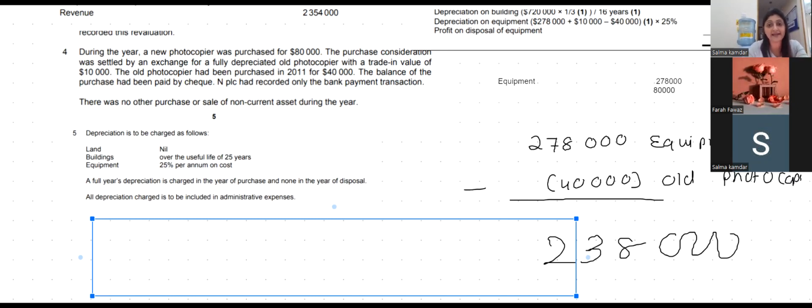Now see, ideally it should be 278 plus 80 minus 40. Ideally this should happen, that you've taken the new photocopier of 80,000, so 278 plus 80 minus 40,000. But they are telling us that they record only the bank payment transactions.